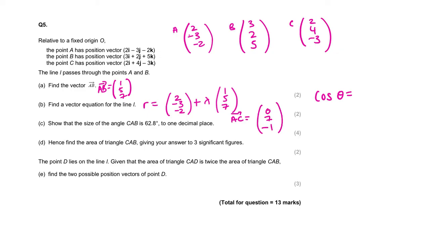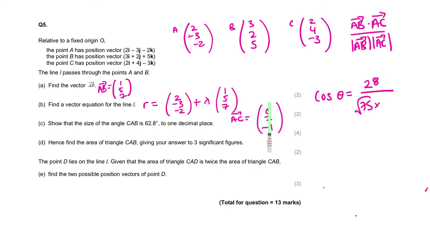So we need the dot product of AB and AC divided by the magnitude of AB and AC. AB dot AC: 1 times 0, 5 times 7 is 35, minus 7 is 28, divided by 1 plus 25 plus 49, so root 75, times root 50.